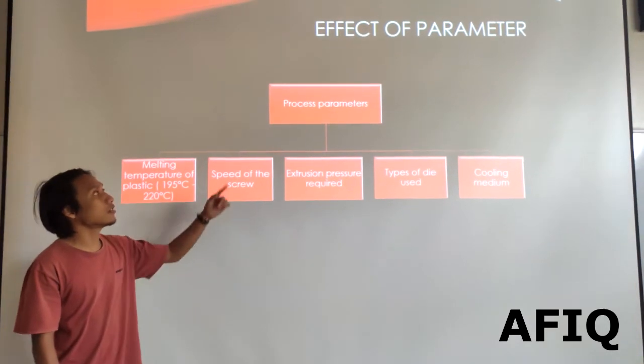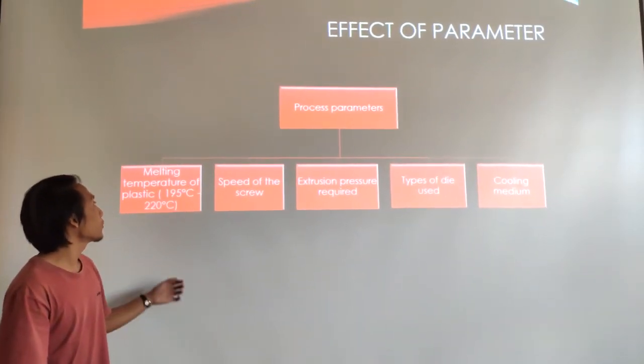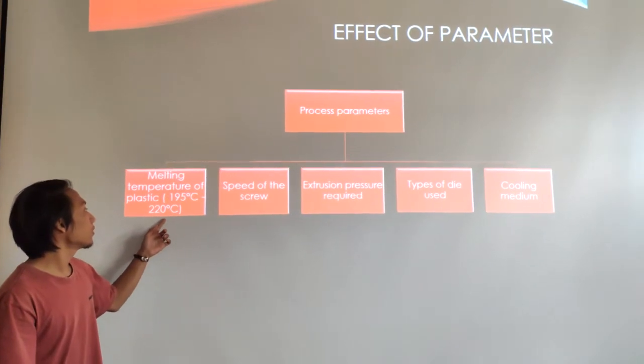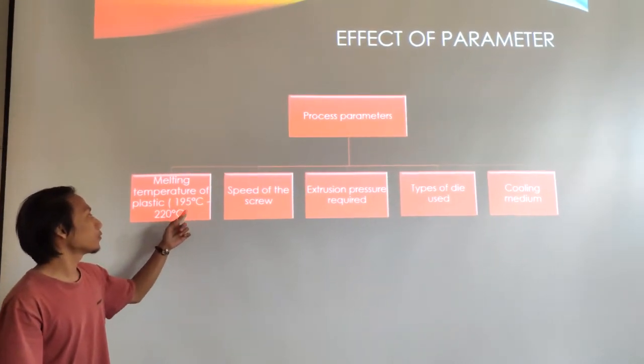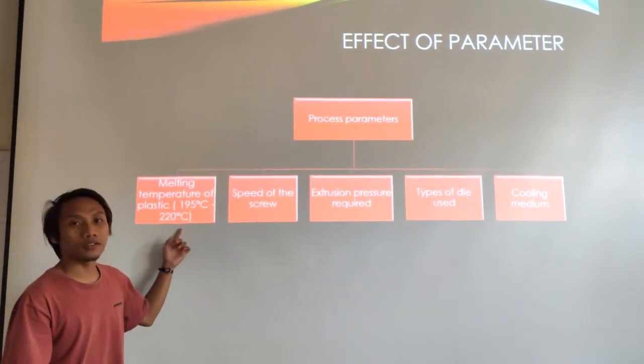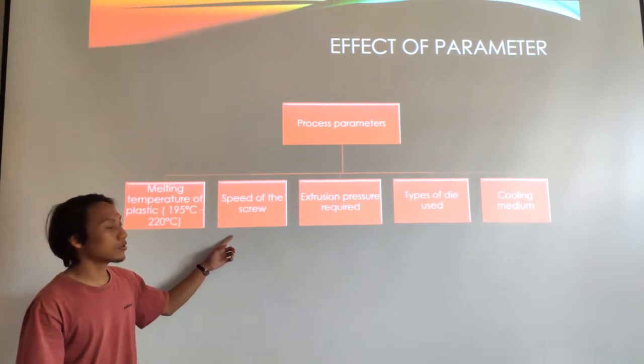So next is the effect of parameter. There are 5 process parameters. The first one is the melting temperature of plastic, which in this case is PET. It must be in the range of 195 degrees Celsius until 220 degrees Celsius. The second one is the speed of the screw.